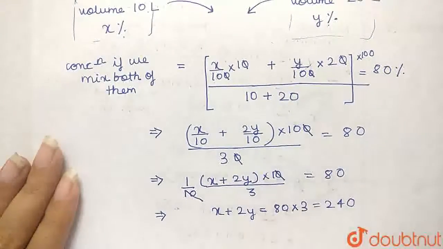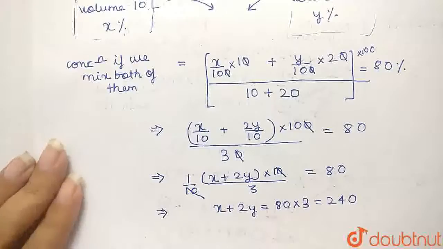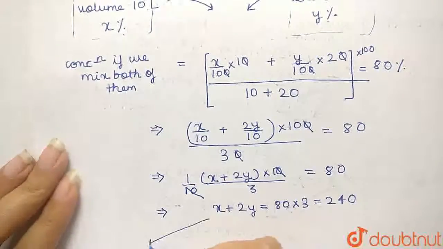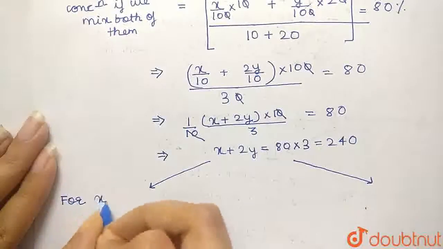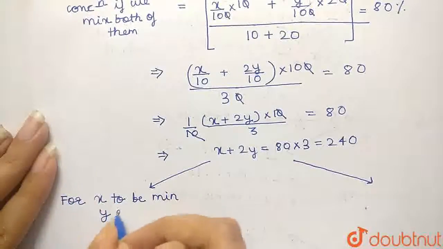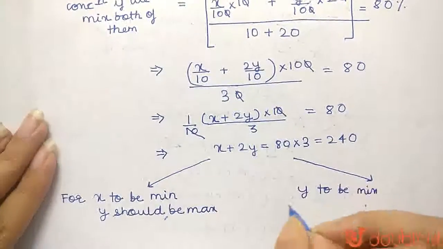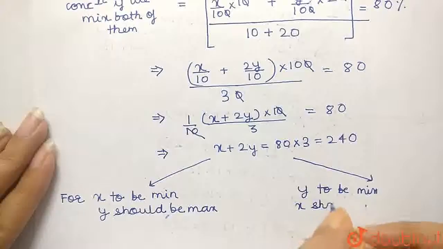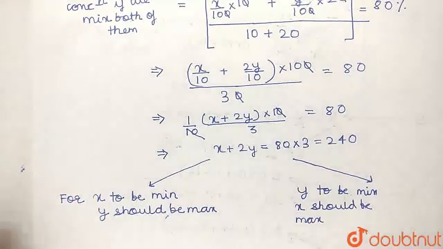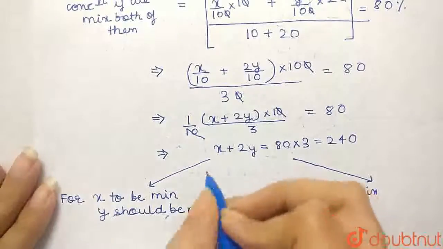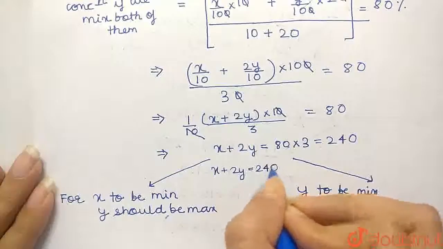Now we want either X or Y to be minimum. So from here we can divide it into two parts. For X to be minimum, Y should be maximum, and for Y to be minimum, X should be maximum. This we can simply observe, since X plus 2Y equals to 240 is a linear equation.